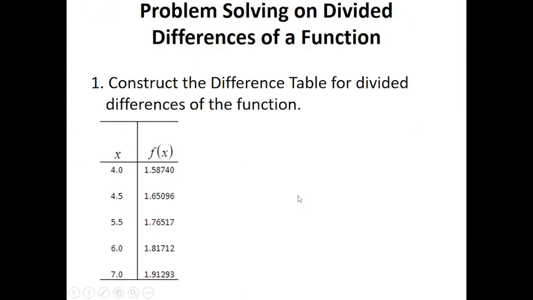So here's the problem. Construct the difference table for divided differences of the function. Okay. So let's answer this. So we have the table, a column for x and a column for f of x, the values of x and f of x.